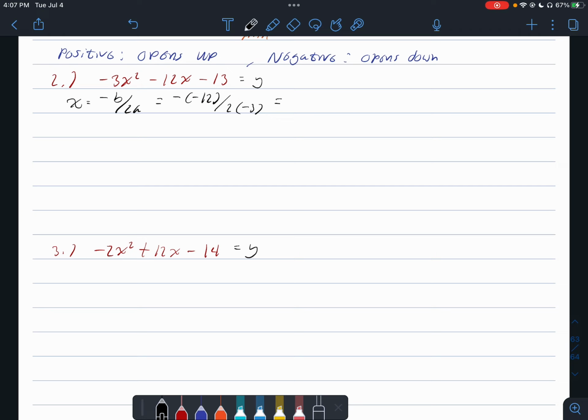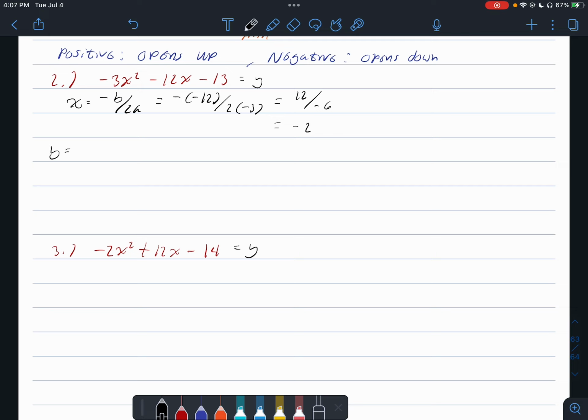So negative 12, that's positive 12. And over here we have 2 times negative 3, so that'll be negative 6. And 12 divided by negative 6 is the same thing as negative 2. So the x component of our vertex is negative 2.